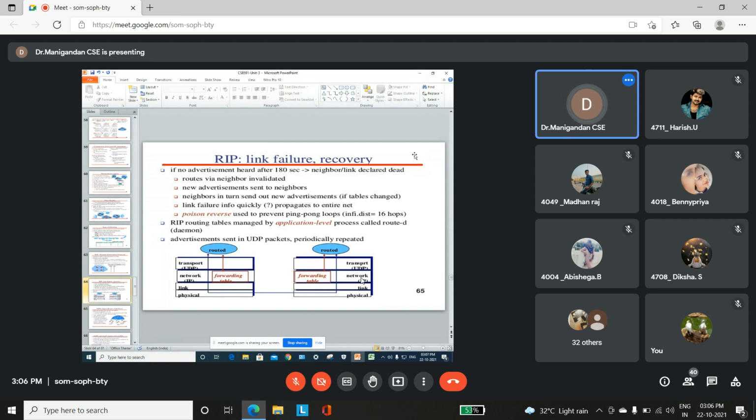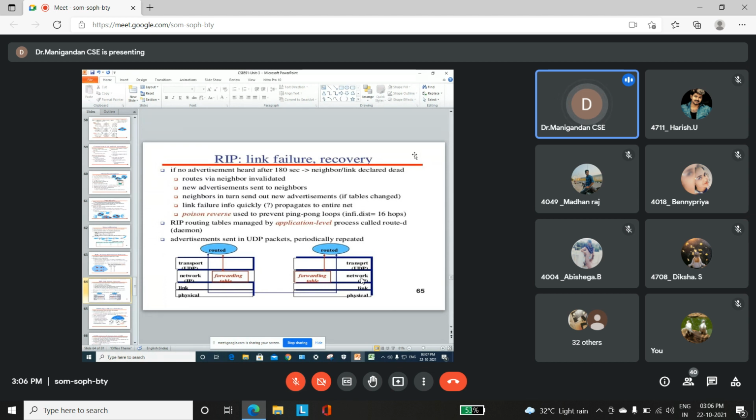Okay, poison reverse can be used to prevent ping-pong loops, which can be transmitted from upper layer to lower layer. So here, the upper layer of the network layer is the transport layer, and the routing table will be forwarded to the upper layer. Next is the data link layer, and finally the physical layer.